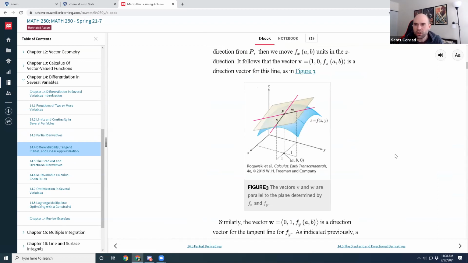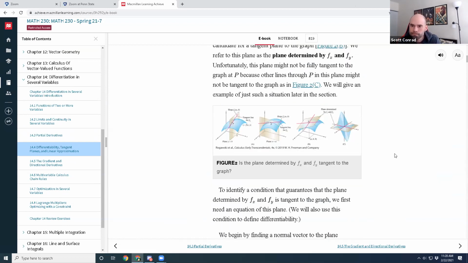All right, so if we look at this picture here, basically if you fix y equals b, so we're at the point (a, b). I hope everyone can see this. If we fix y equals b and look at the trace on our plane, that gives a curve, right?